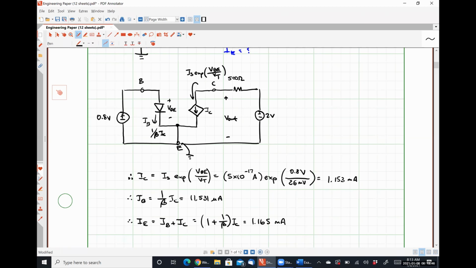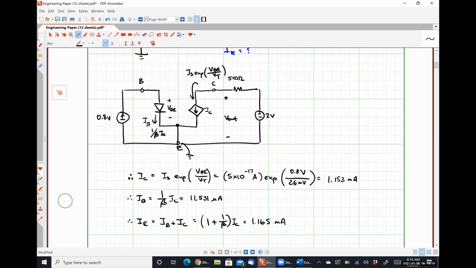How are we going to figure out V out? This is where things might get slightly difficult, and it's very slightly. Yeah, so we know the current flowing through the 500 ohm resistor is exactly equal to IC.